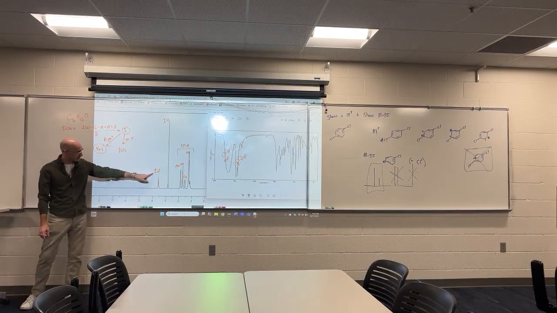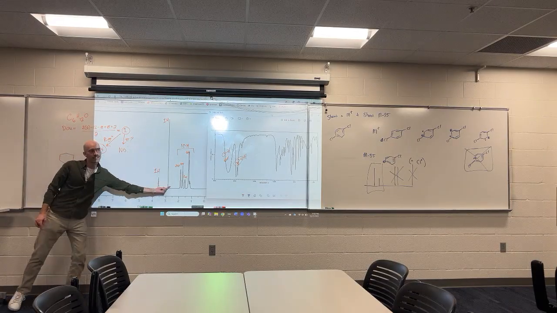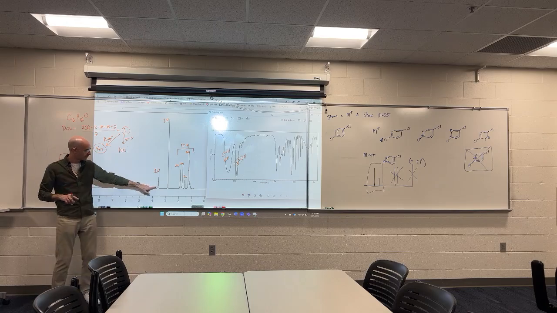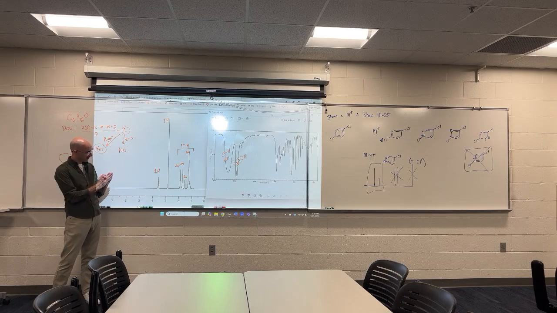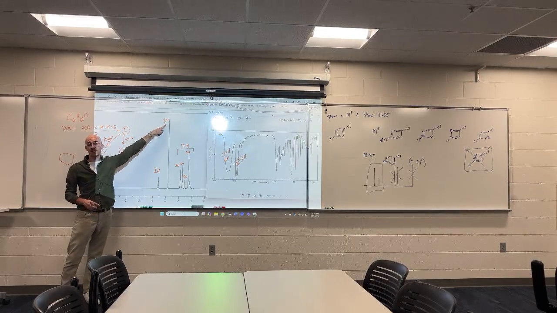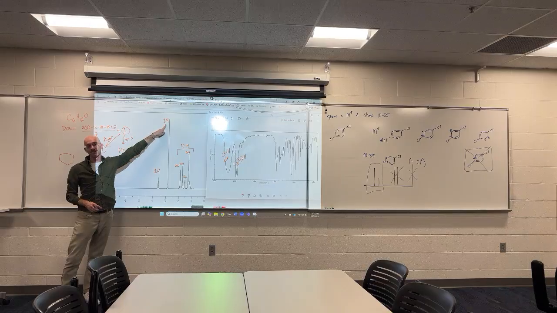But what's this? Why is it so far over? It's by the alcohol. It's not the alcohol, because although it doesn't look like it, it's split. If it wasn't split, it'd be much taller, like this 1H. So why would this 1H not be split? This is the alcohol. Remember that hydrogens on alcohols and amines don't split.